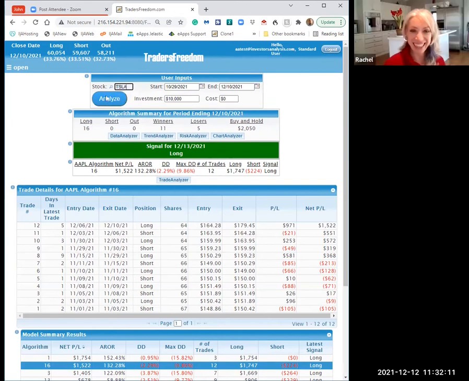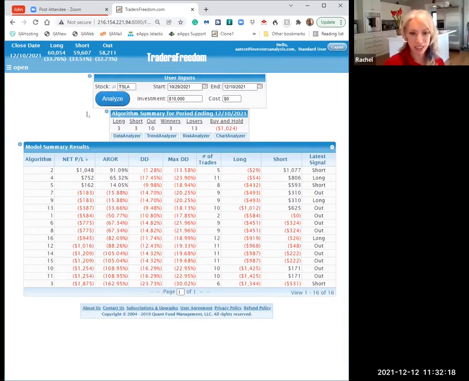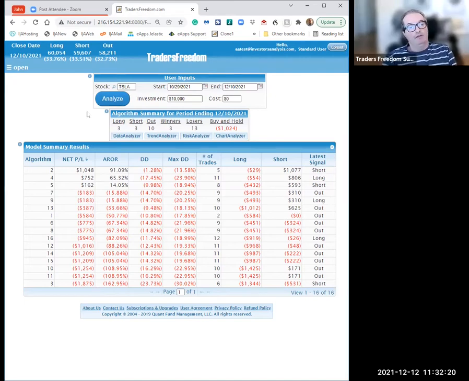So anyway, let's look at this. Okay, so all you changed was the stock. Left the dates the same, the investment size the same, the cost the same. In that summary box just below the user inputs, we see 3 of the algorithms are long, 3 are short, and 10 are saying, I don't see enough to go one way or the other, so let's just stay out, keep your powder dry, keep your money on the side, and wait for a clear signal. 3 algorithms made money and 13 lost money.